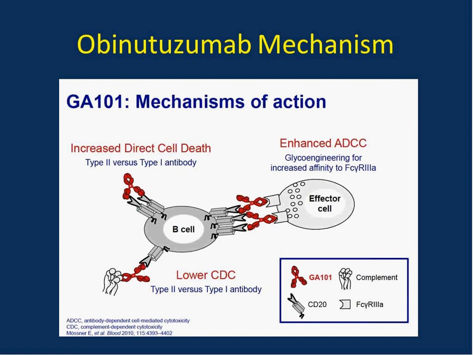So it's going to demonstrate enhanced antibody-dependent cytotoxicity compared to rituximab or ofatumumab, with less reliance on complement-mediated mechanisms, and also probably increased direct cell death. That is specifically how the product was engineered, to try and enhance that aspect of toxicity.